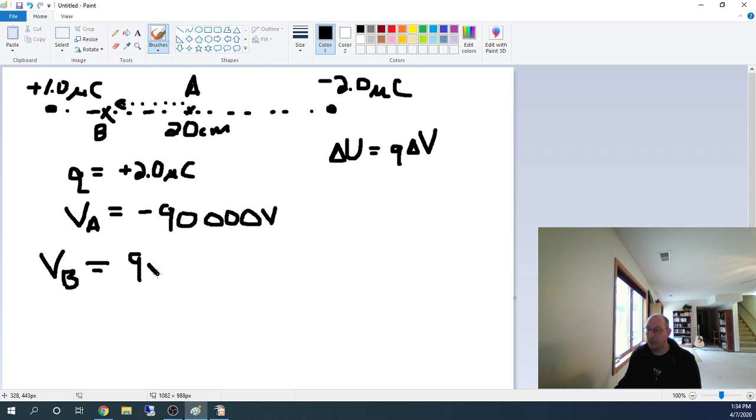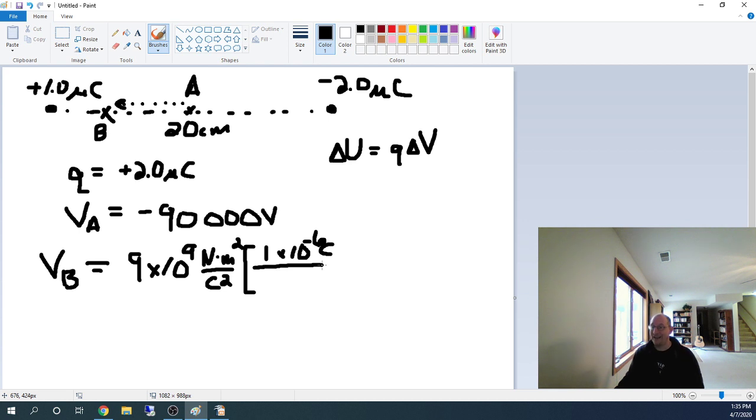We have a couple of point charges there. So it's going to be 9 times 10 to the 9th Newton meters squared per Coulomb squared. And then we're going to do that, Q over R for each of the two charges. So the first charge, the one on the left, is 1 times 10 to the minus 6 coulombs.